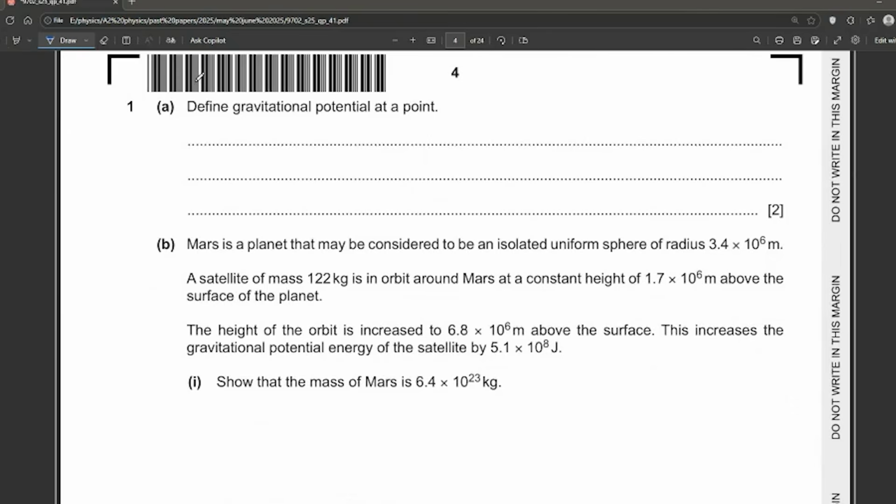Define gravitational potential at a point. You have to define gravitational potential, or phi. What is the definition of phi?